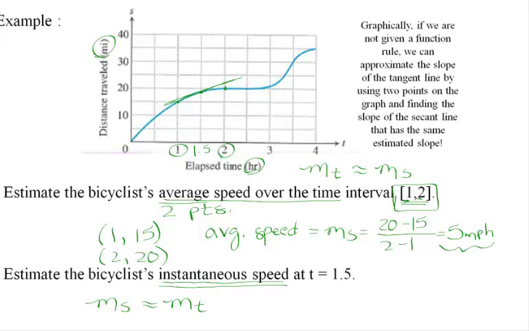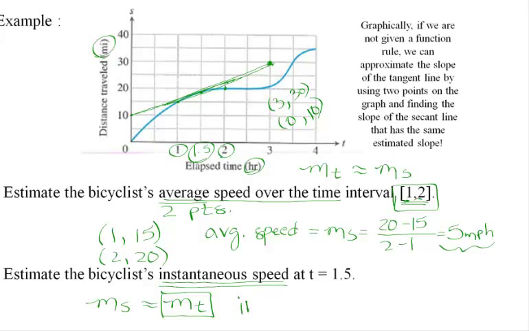When they give us the whole graph, we're going to go on out here until we can find fairly closely 2 points that we absolutely know we can get the coordinates of. There's 3, 30. And if I was to extend this on out here, I could get the point 0, 10. The slope through this line is going to be a really good approximation for the slope of the tangent line at that one single input value.